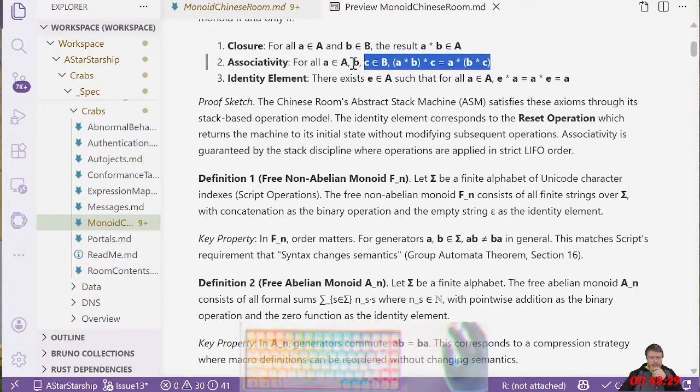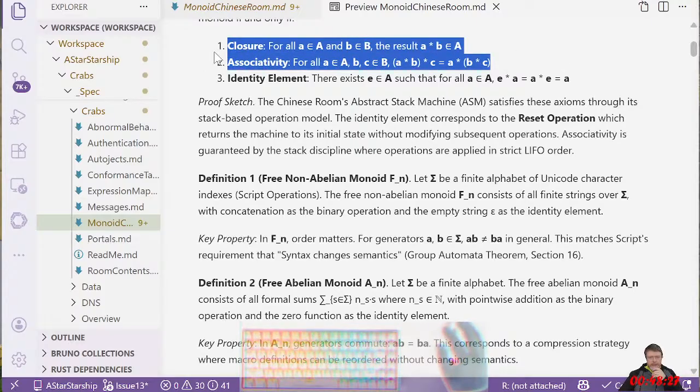Yeah. So what is this? Associativity, in the context of the Chinese room abstract stack machine, means that I can process these byte streams in their own context to where each expression that I scan is going to be a complete thing.